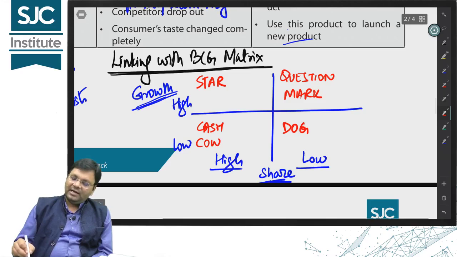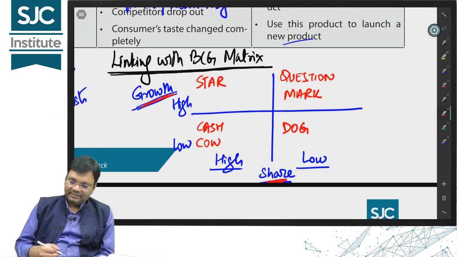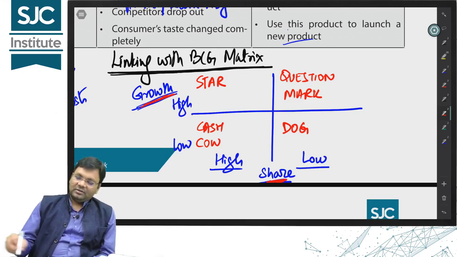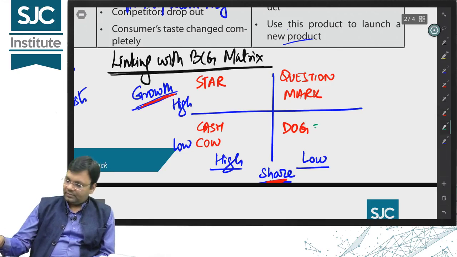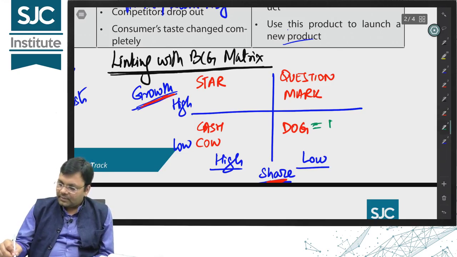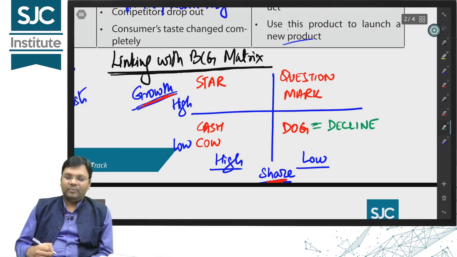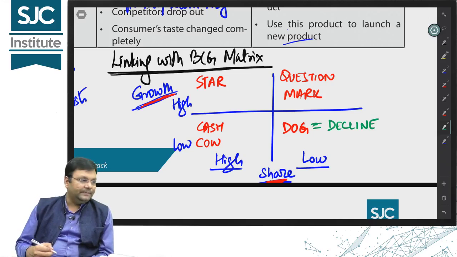If you are not having any market share and all customers also are shifting somewhere else, that means growth is also low. So if both are low, this should be what? Decline phase. One I have given you for help. Now you think for the rest 3. Will you be able to?